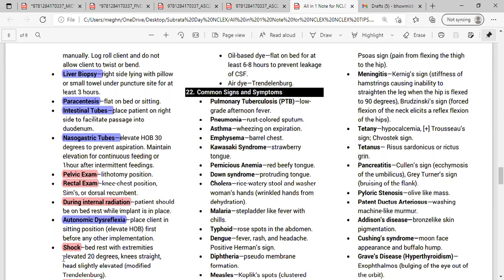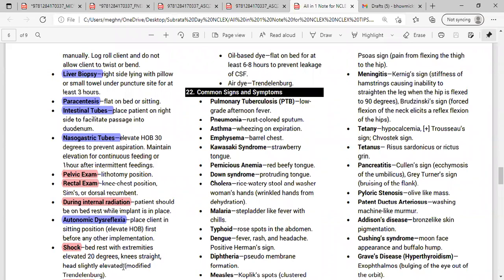If your patient comes to you after shock, always bed rest with extremities elevated 20 degrees, knees straight, and head slightly elevated. It is called modified Trendelenburg position. Usually in Trendelenburg position, the head should be down but the extremities go up, right?